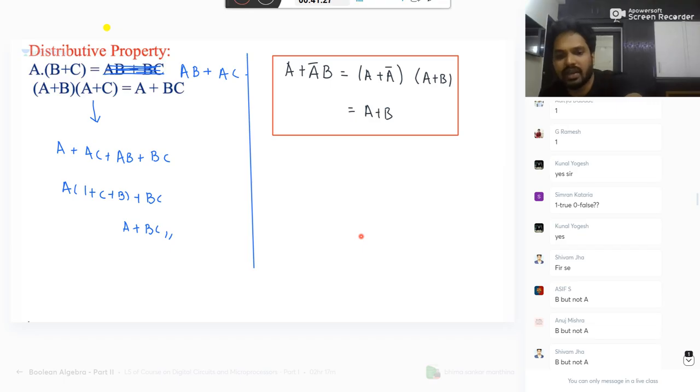Now let me write the different variations in this expression. Different variations like this, and tell me the answers. You tell me A plus A bar B bar, what is the answer? Please tell me. Please comment.